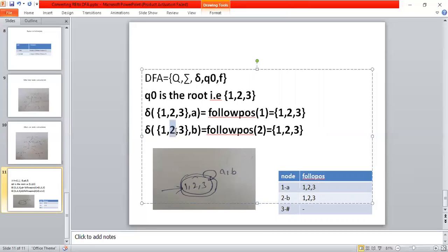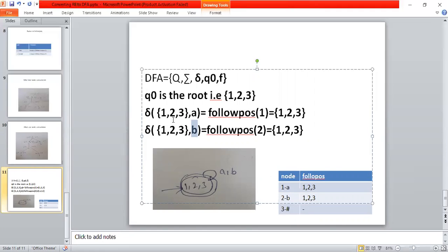Then I have 2 with B. What state do you have? 2 with B has follow position 1, 2, 3. Then go for 3 with B. Do you have 3 with B? No, 3 with hash we have. If you have any values, you take the union of those values, but here I don't have any. So finally the follow position of 2 is 1, 2, 3.